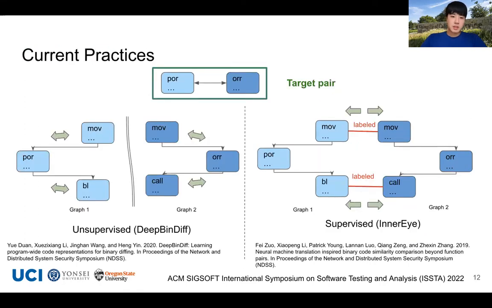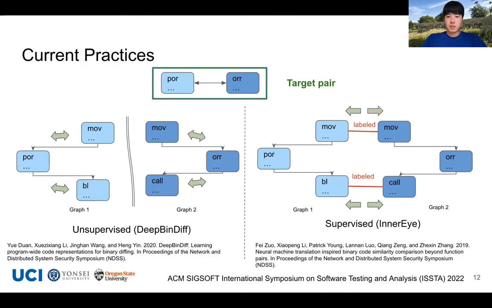Because of this, state-of-the-art embedding models cannot learn the semantic alignment between the platform-specific code since they take either an unsupervised learning approach or a supervised learning approach. Let's assume that the objective of analysis is comparing those two basic blocks starting with POR and ORR instruction each.